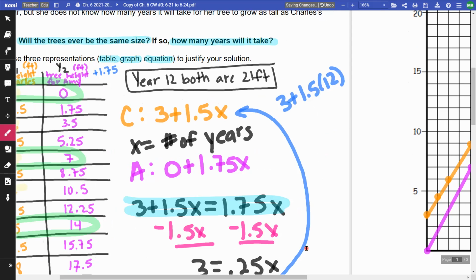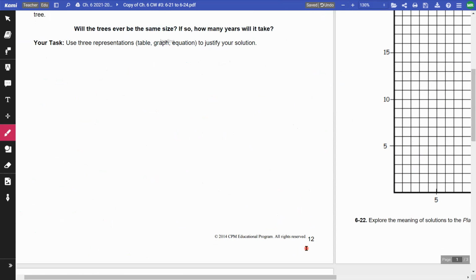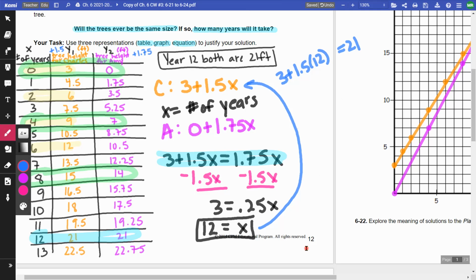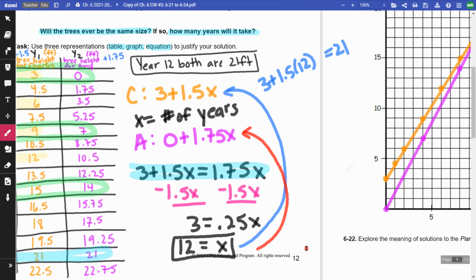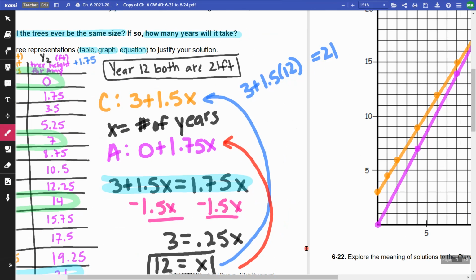If I do that, 3 plus 1.5 times 12 ends up giving me a 21. If I put it into the other equation, I'm going to get basically 1.75 times 12. And when I put that into my equation, I also get a 21.